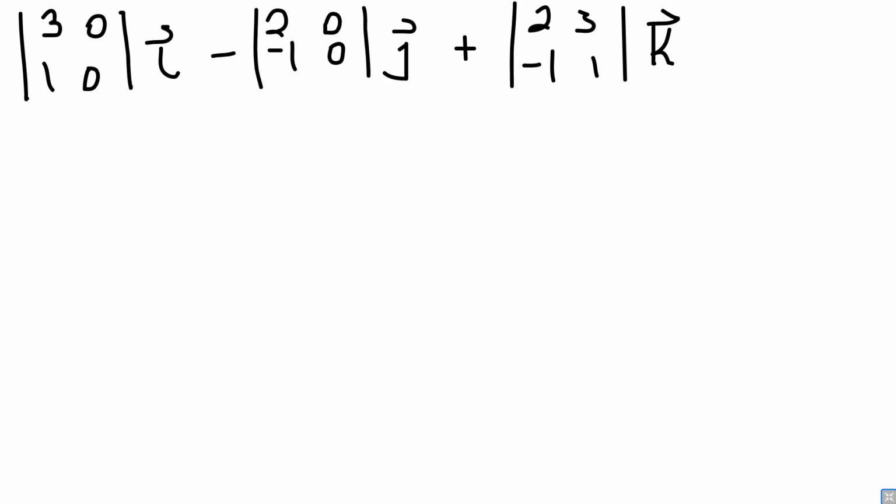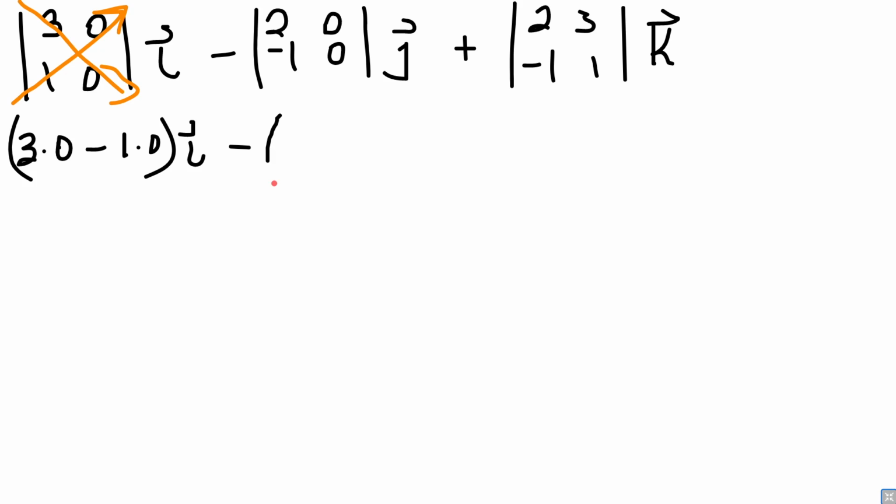Okay. All right. So to evaluate a 2x2 determinant, it's pretty straightforward. What you do is take the diagonal going down, multiply it, minus the diagonal going up. So when I write this out, it's going to be 3 times 0 minus 1 times 0, and that's in the I direction.